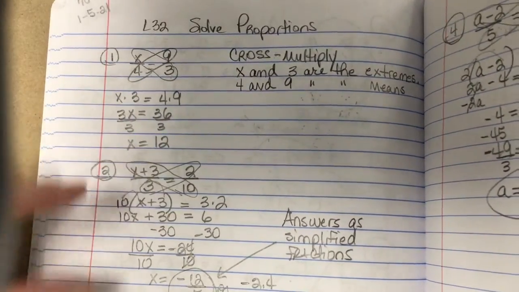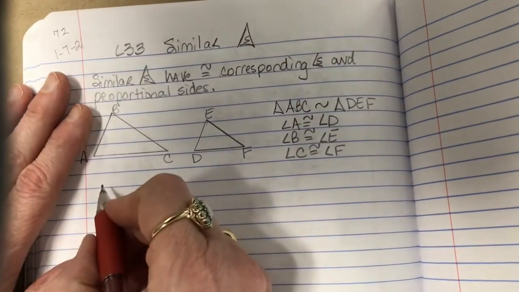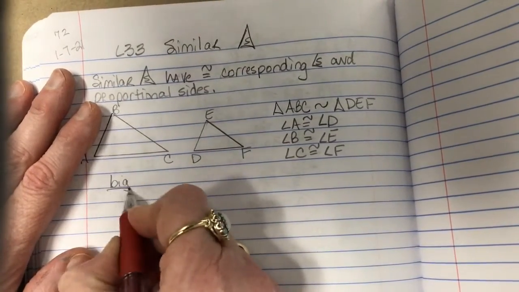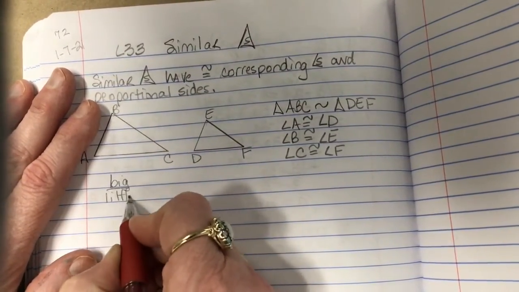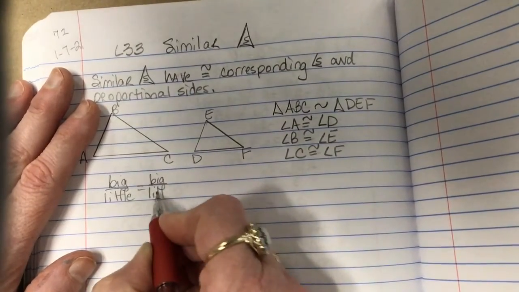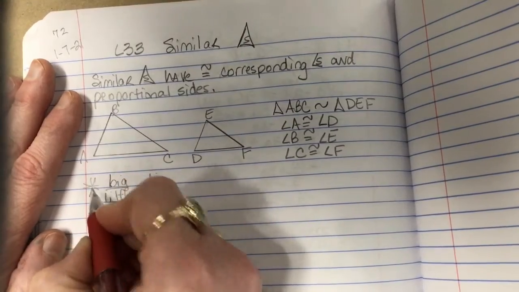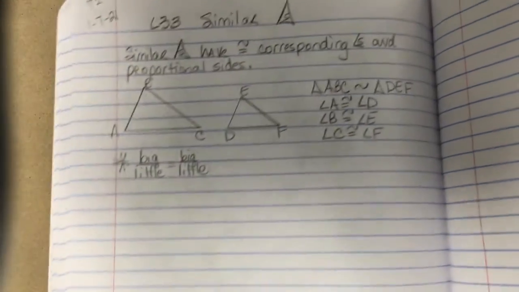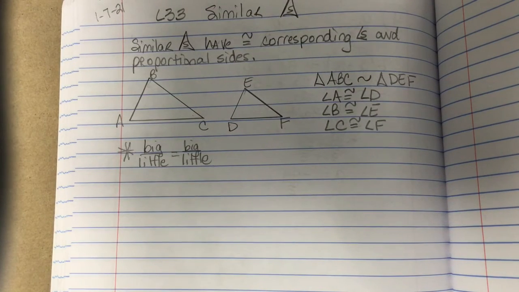And to make that, I'm going to write it like this: big over little equals big over little. I know that sounds weird, but I'm going to show you what I'm talking about. I'll put a star by it. There's actually three of these for every problem. I don't want to do all three of them because you don't need all three in every problem.